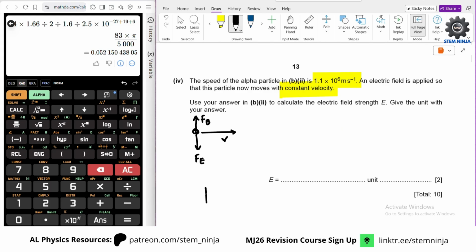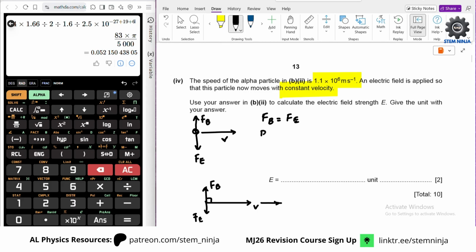However, remember that previously the magnetic force, which is the centripetal force, was perpendicular to the speed. So if we supply the electric force also, it will continue moving in this direction at constant velocity. So that's basically that. The force due to the magnetic field will be equal to the electric force.